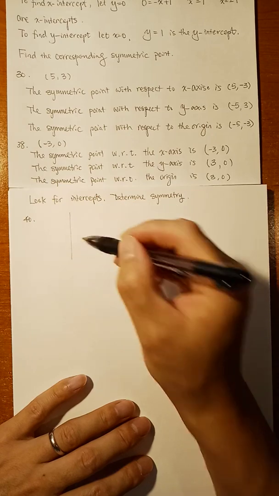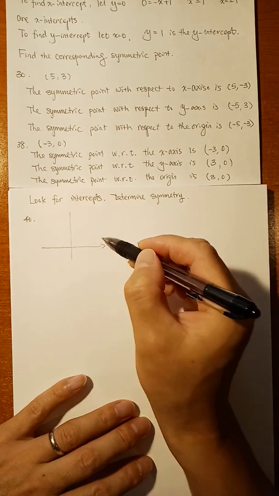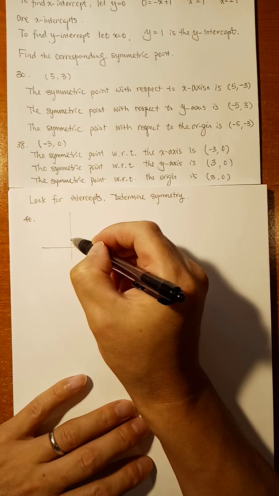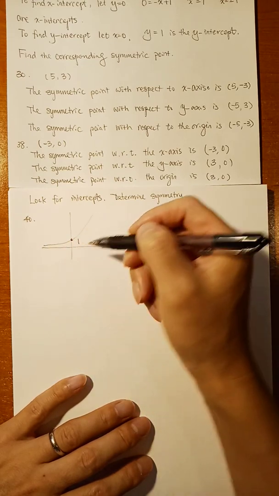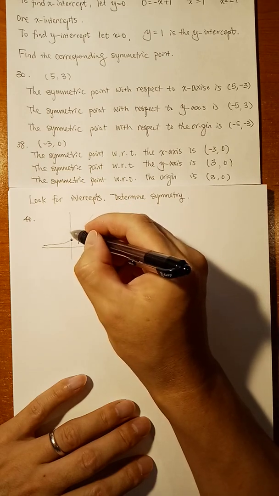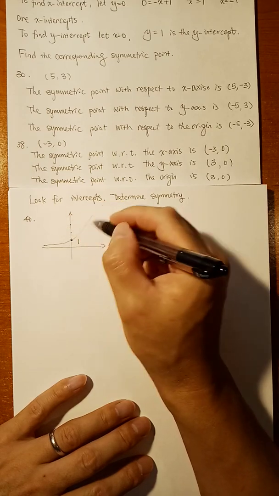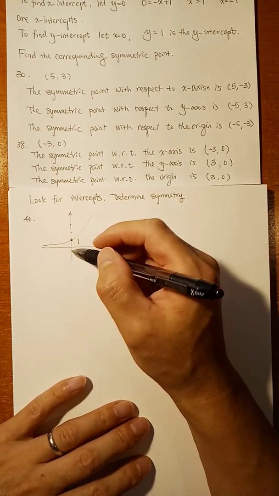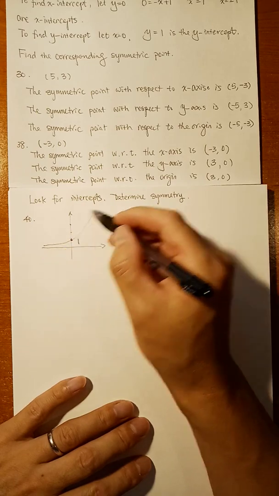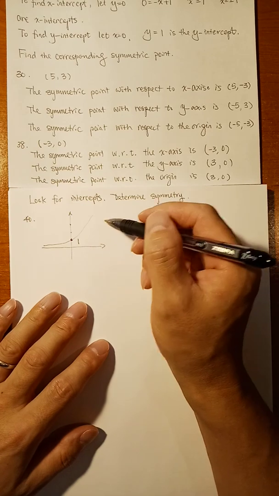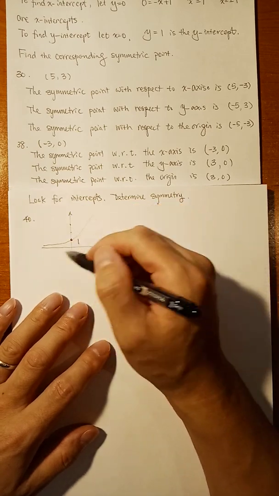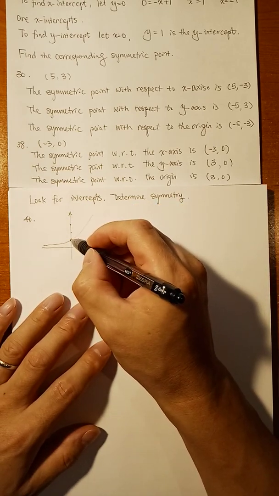40 has a graph like this. So this is number 1. With this graph in your mind, you see here clearly, you only have this piece, so you cannot add additional information. This is the only information you know. So there's only one intercept.